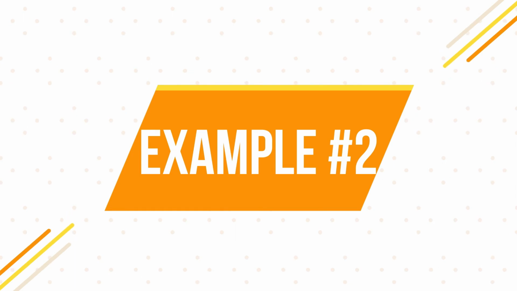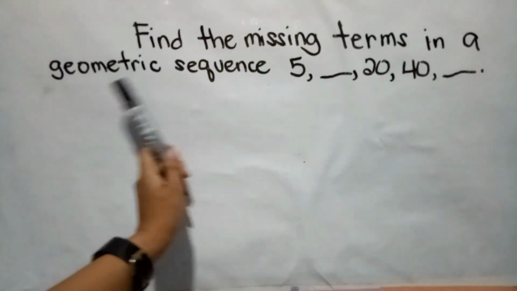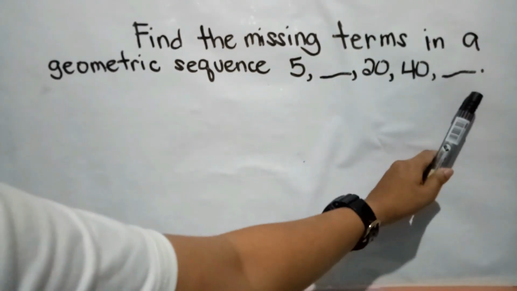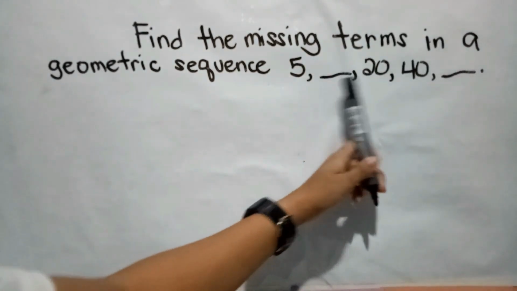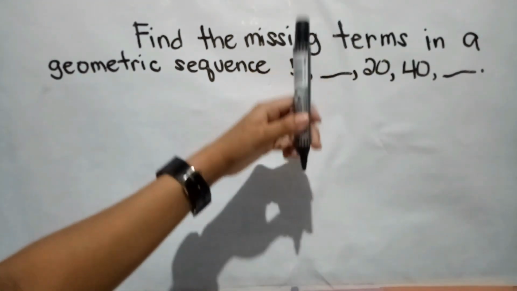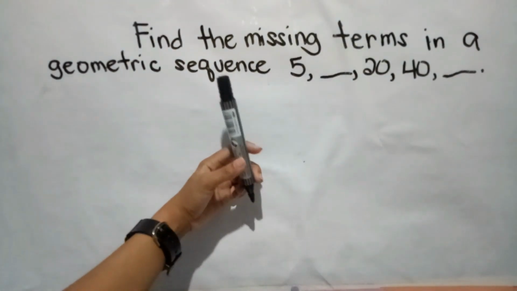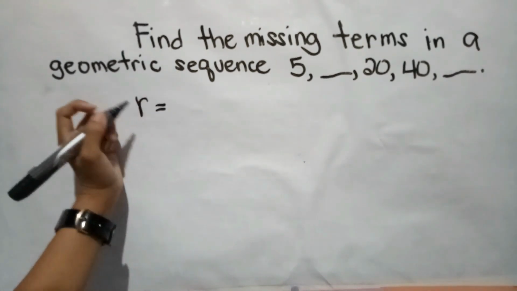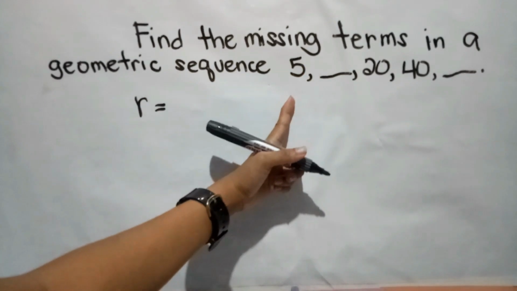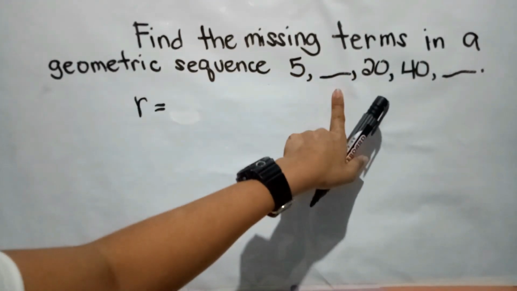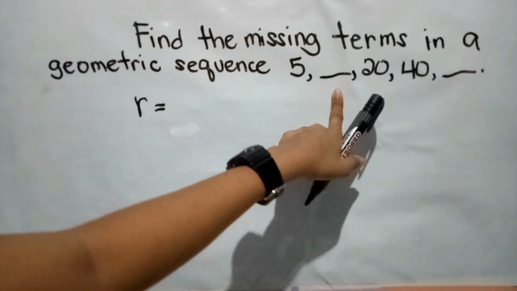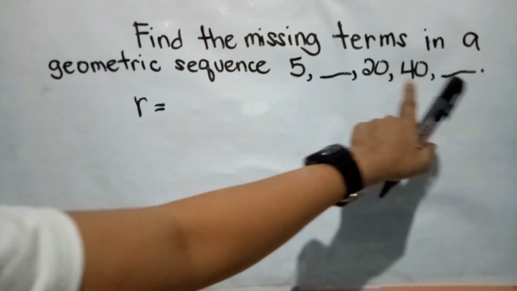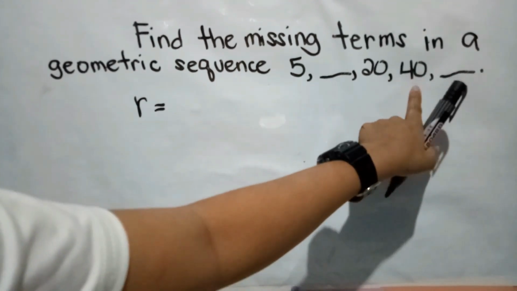Example number 2. Find the missing terms in a geometric sequence 5, blank, 20, 40, and then blank. So we have two missing terms here. In order to find the missing terms, we just need to find the common ratio. We have the formula r is equal to a sub 2 divided by a sub 1. Since a sub 2 is not given, we can use the alternative, which is a sub 4 divided by a sub 3, since these are consecutive numbers.